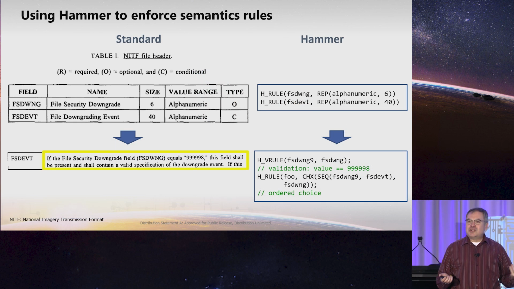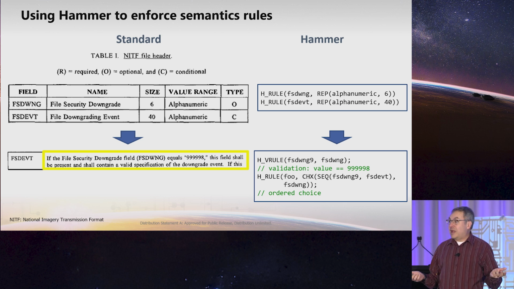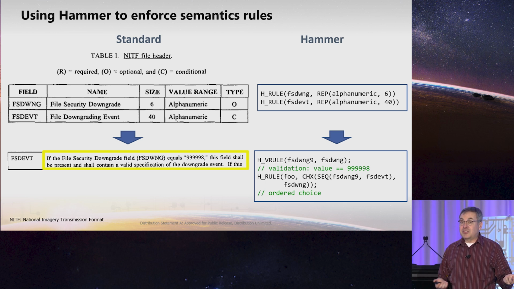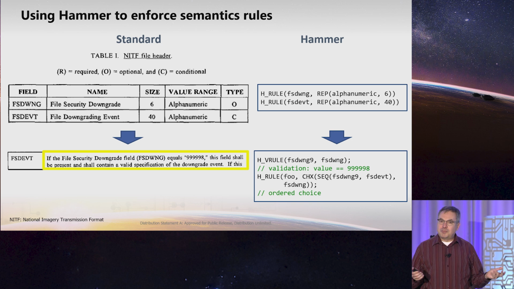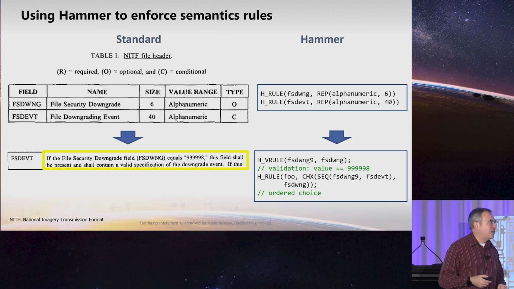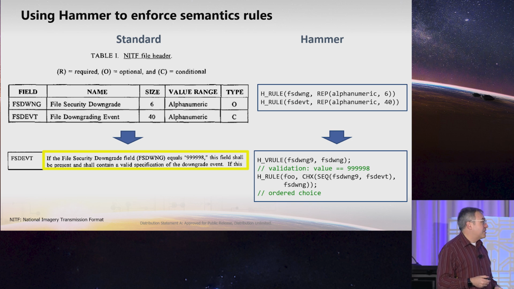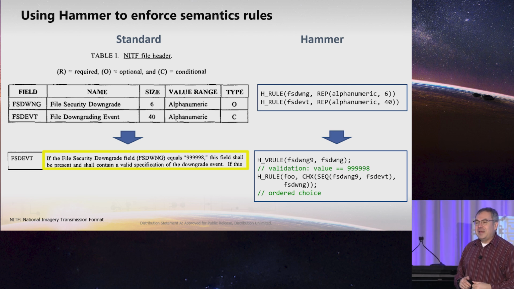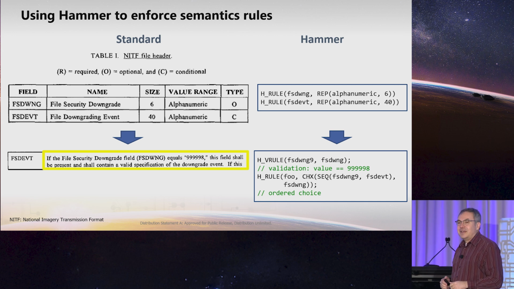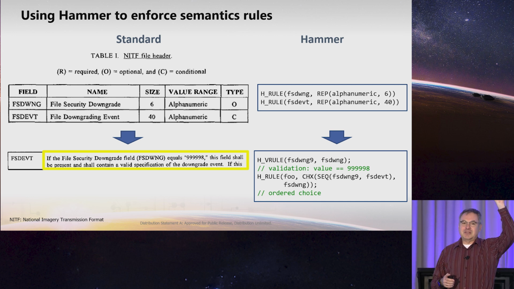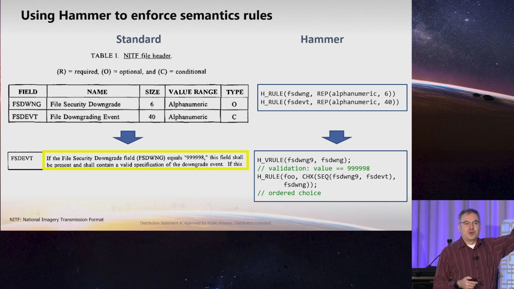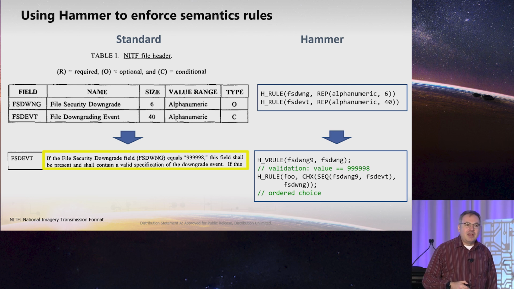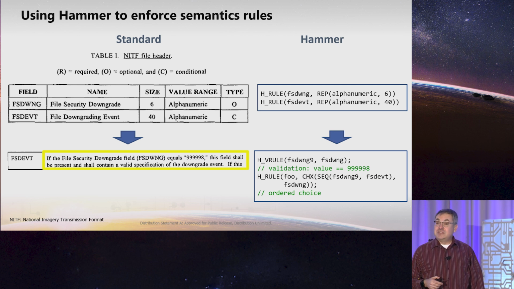But of course, I mentioned that it's not just about getting the grammar right. We also have this notion of static semantics. So the Hammer parser generator combinator library has a bunch of features to help. This is a small extract from the National Imagery Transmission Format. That's like how cameras in orbit will send photos back to the ground. There are a lot of details.